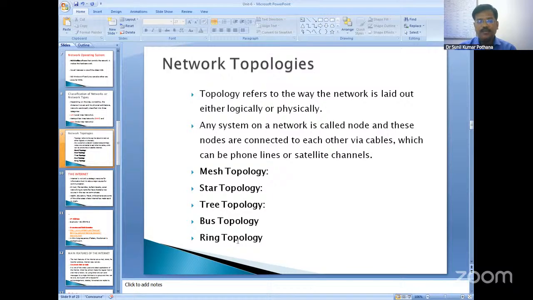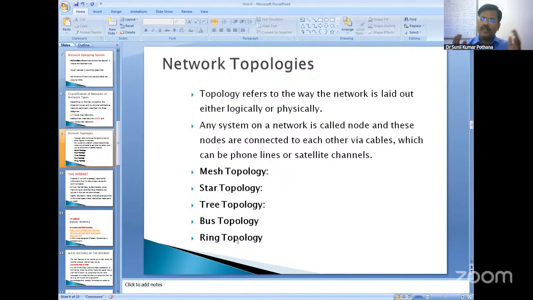Any system on a network is called a node, and these nodes are connected to each other via cables, which can be phone lines or satellite channels. There are a number of topologies like mesh topology, star topology, tree topology, bus topology, and ring topology.